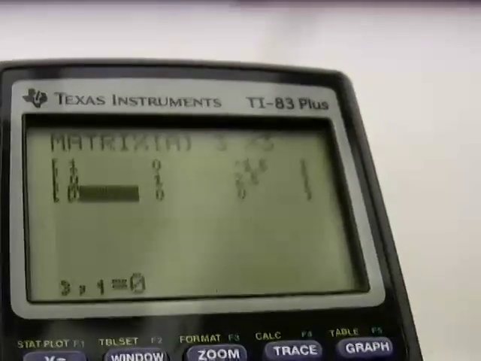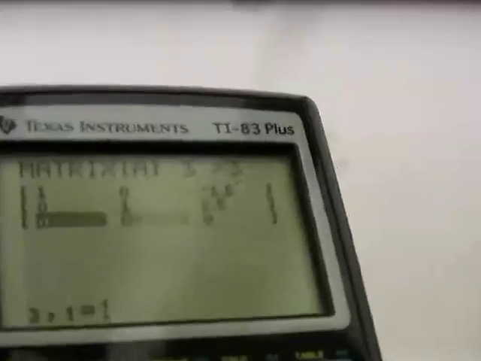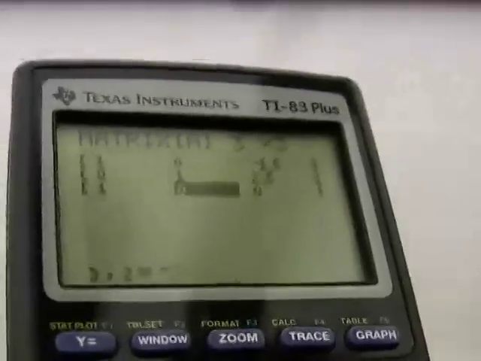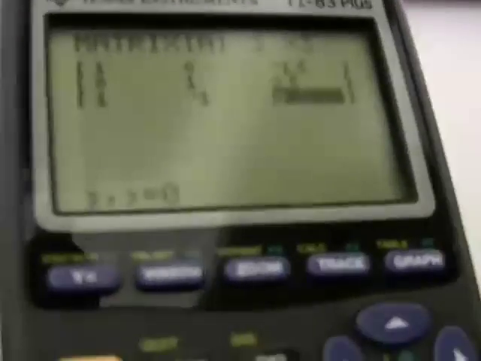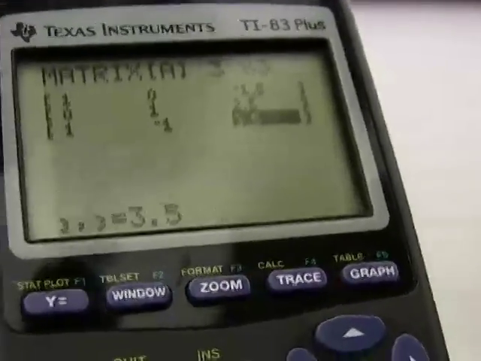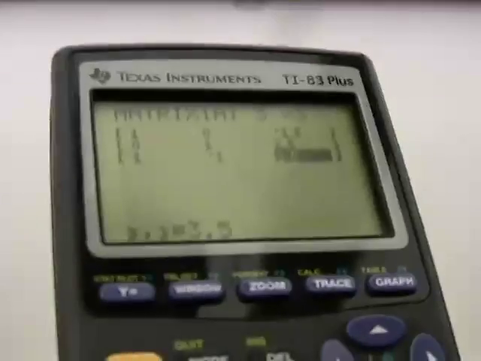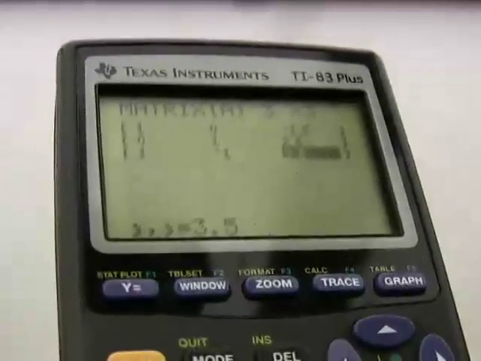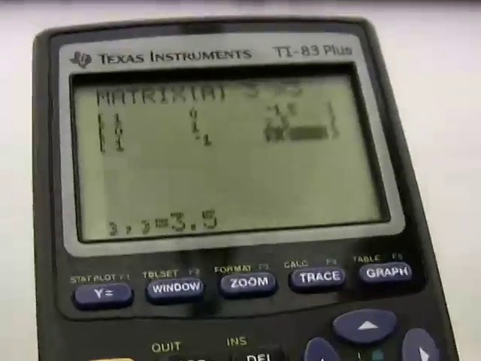The third equation is 1, enter, negative 1, enter, 3.5, enter. You have your matrix A now. Let's go and make our matrix B.